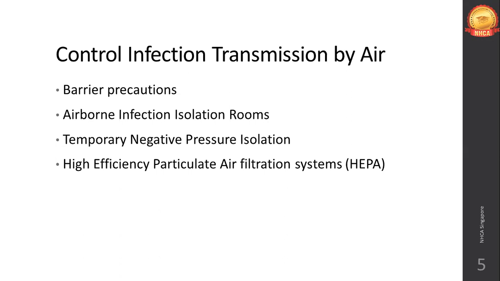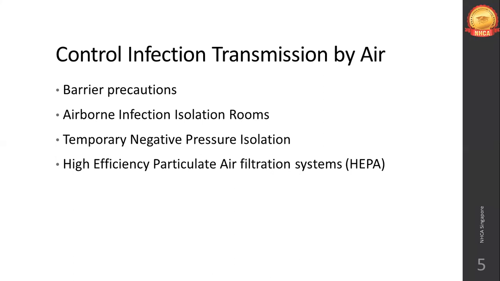So, prefer to place the patient with airborne infection in a negative pressure room away from all the other patients. The hospital can also construct a temporary negative pressure room. You just have to put an exhaust system when airborne infection isolation is needed. And when you do not have sufficient isolation rooms, a temporary setup can be done.